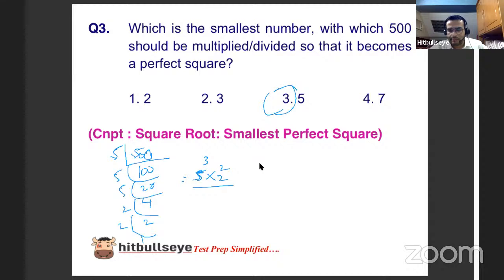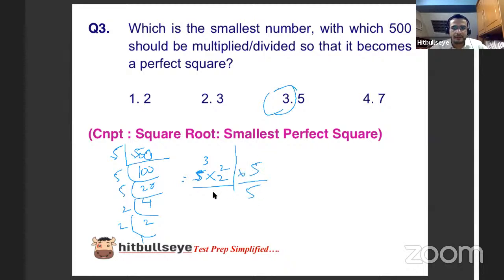Clear, everybody? Please confirm in the chat window. Until this step, clear, everyone? Perfect. Now the question is what we should multiply or divide so that it becomes a perfect square. I can see the power for 2 is 2, which is already an even number. But what about 5? It has a power of 3.